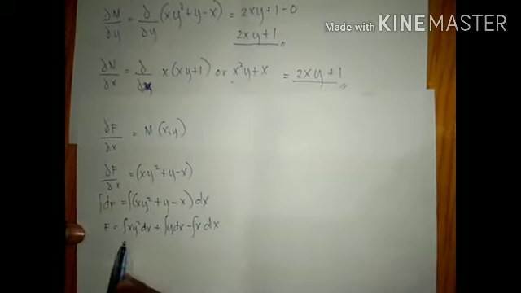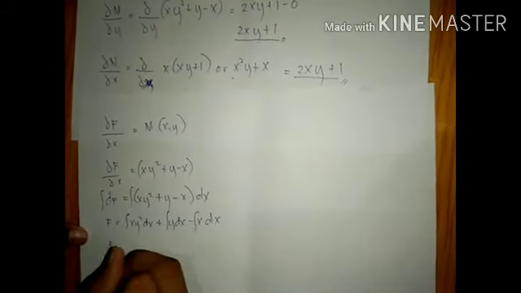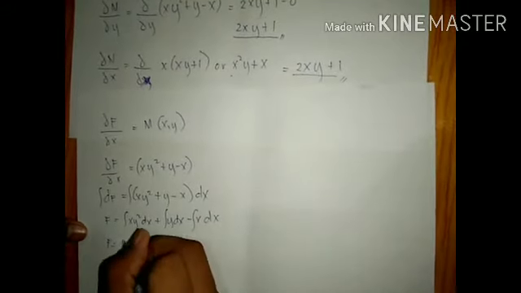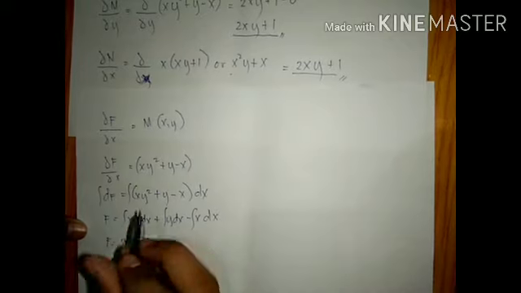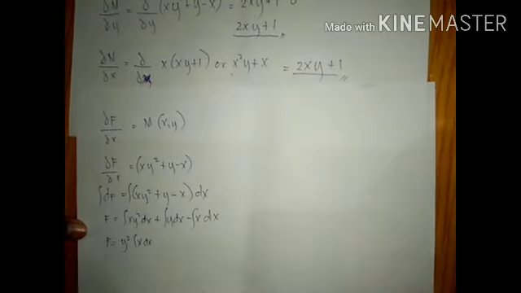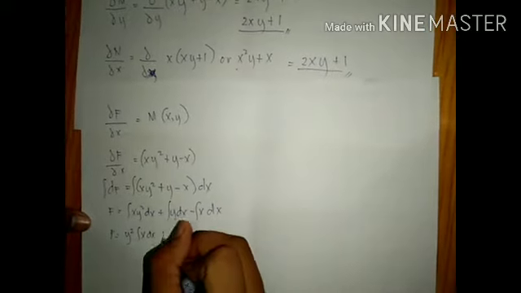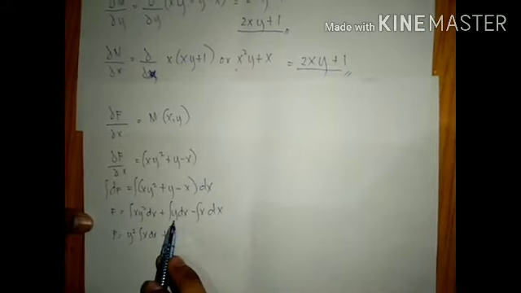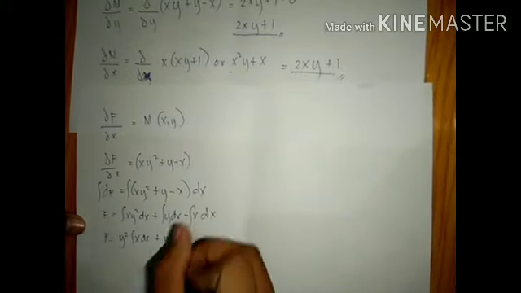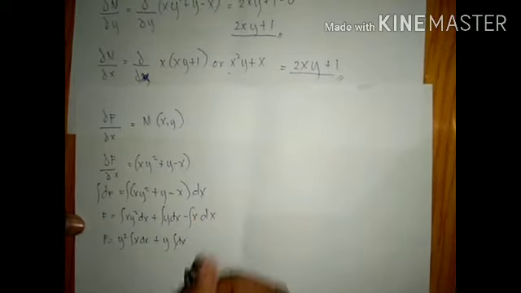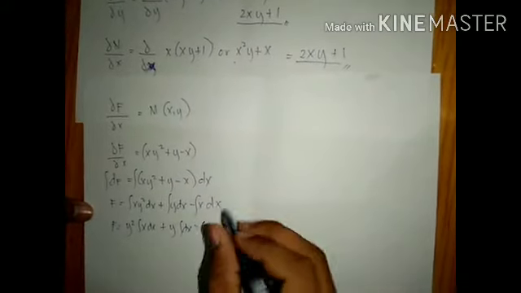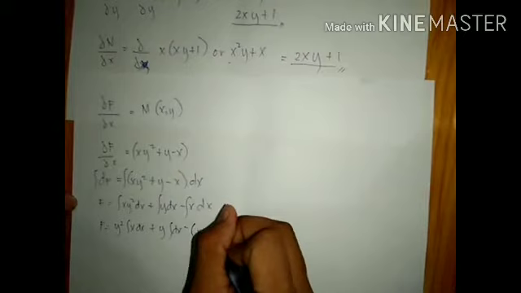So, integrate by 1. So f is equals to, y is a constant so we take it out. What remains is the integral of x dx, plus, this one is a constant so we take it out, then dx, minus the integral of x dx.